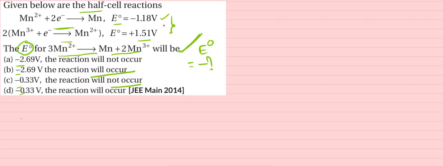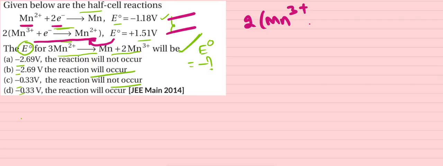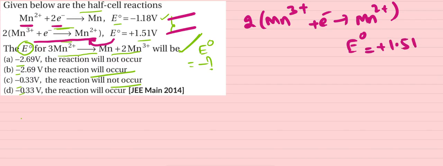Now we have to get the desired equation from these two equations, right? So I'm assuming that this is Mn2+ plus 2 electrons gives rise to Mn. Now here for this given reaction I am writing in reverse order. That means, for example, the given equation is Mn3+ plus electron gives rise to Mn2+, for which E° will be plus 1.51 volts.